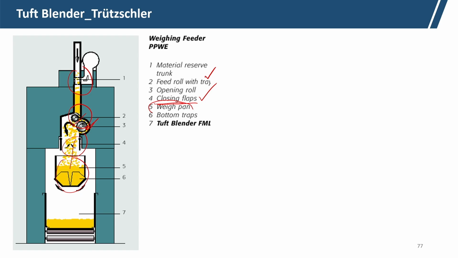Then there is the bottom trap, number 6, which controls the fibers from the weighing pan. So, from the weighing pan it controls the fiber to the Taft blender.